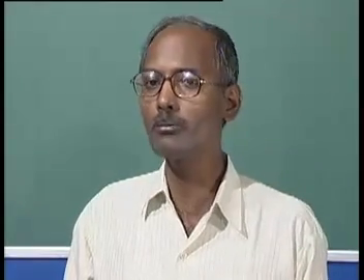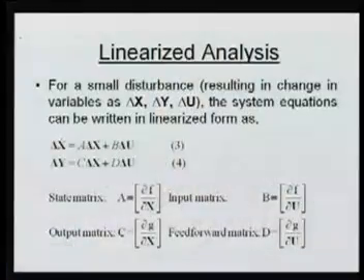So this x is the minimum information. For example, if you remember in the load flow, normally we take voltage and angle as the state variables, because these are the only two minimum pieces of information from which we can calculate the rest of the system parameters, or you can say performance.